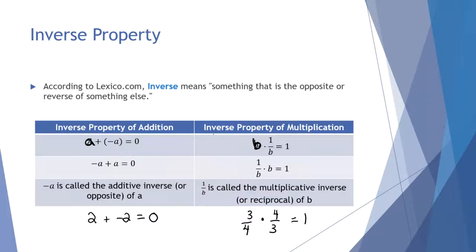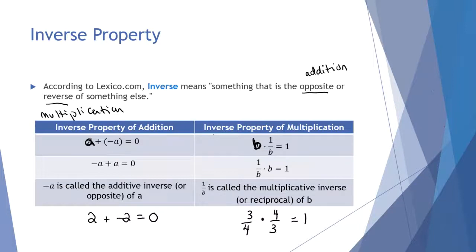So we use the word opposite and reverse. The opposite is with addition. And then you can think of the reverse with multiplication. They're just telling you how to cancel things out. If you want to cancel with addition, you add the opposite. You have opposite signs. If you want to cancel something out with multiplication, then you have to multiply by the reciprocal.